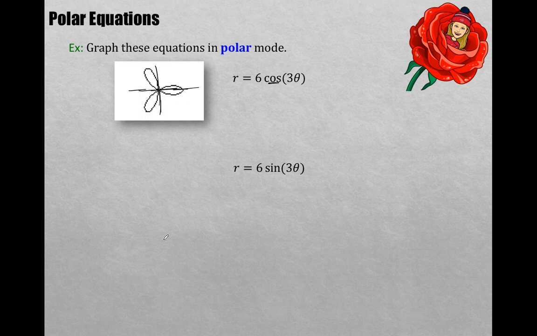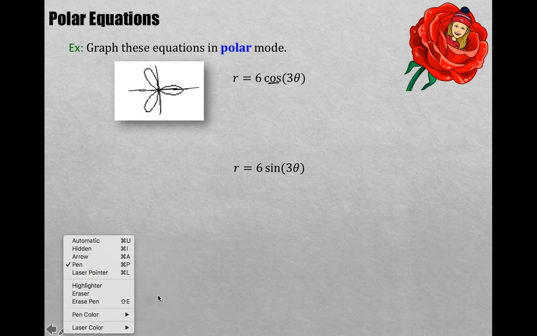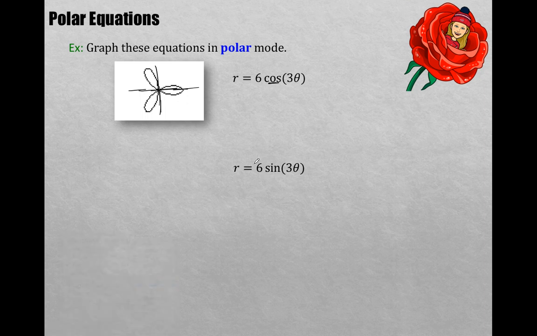So what do you think this is going to look like? 6 sine theta. Remember, if you think about not converting to rectangular, just wink, wink, pretend this is y equals 6 sine 3x, right? Same thing.